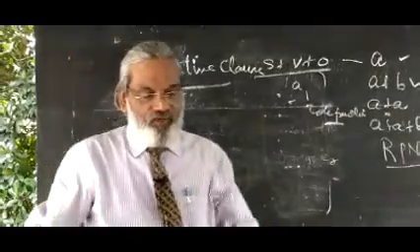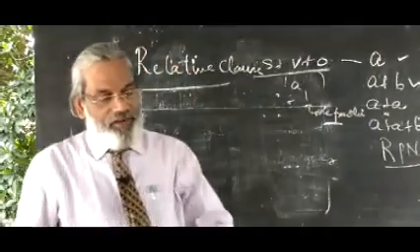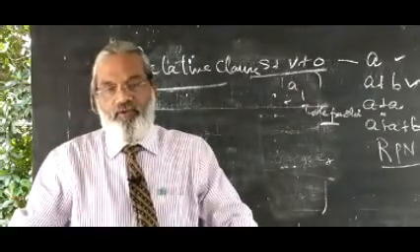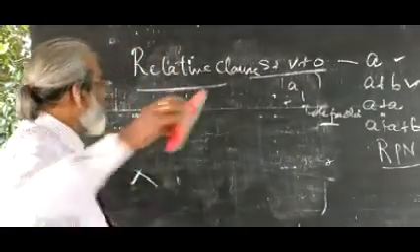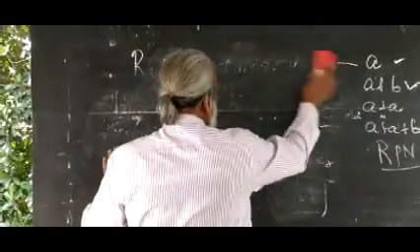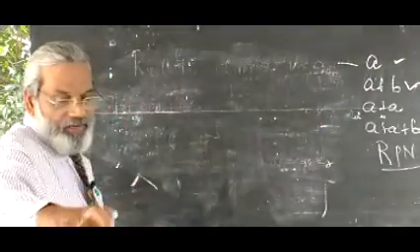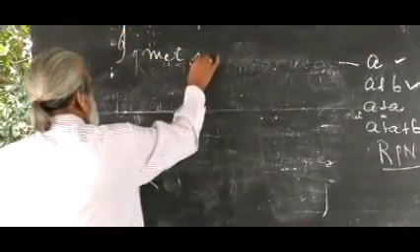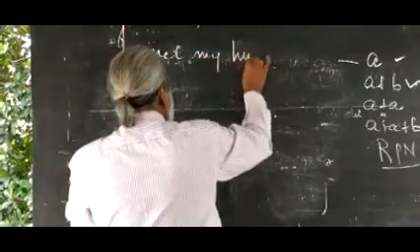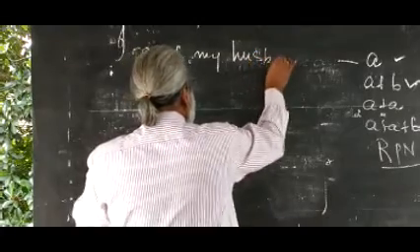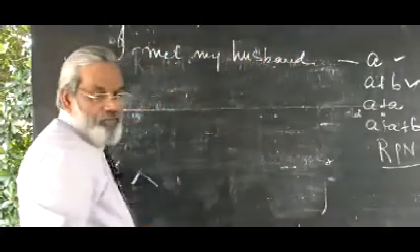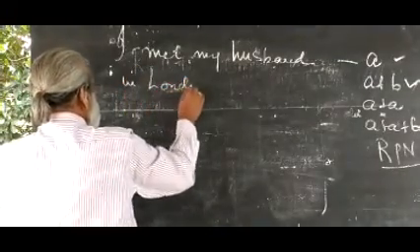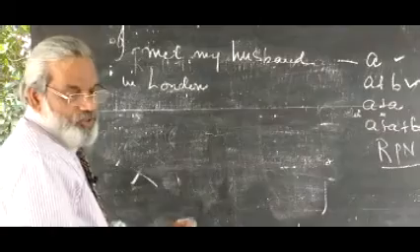So: I met my husband in London. He grew up there from a young age. This is one example given in the textbook. I will write on the board: I met my husband in London.